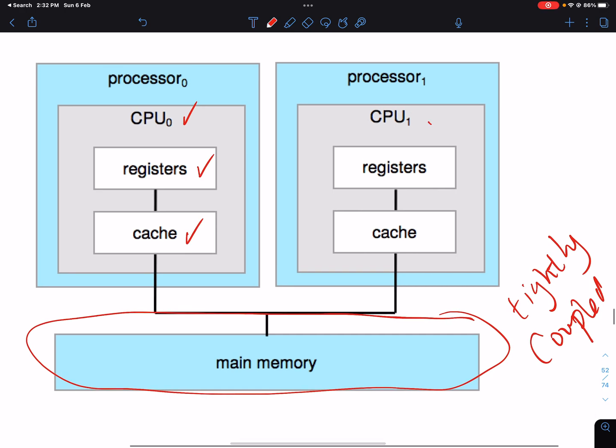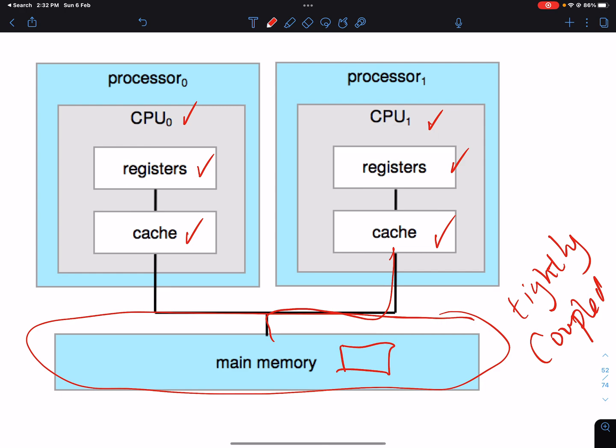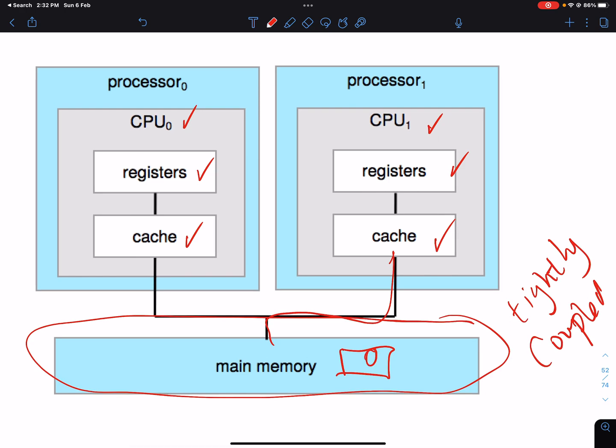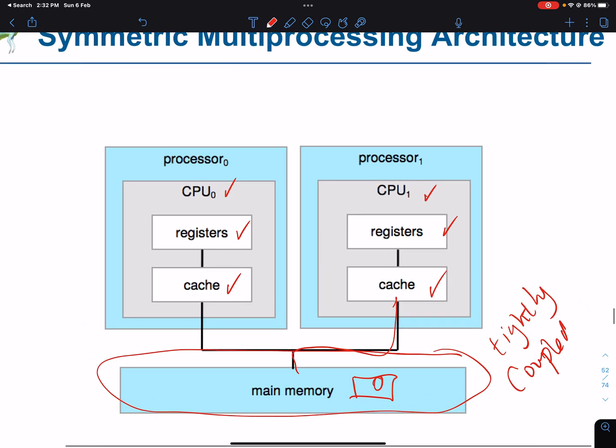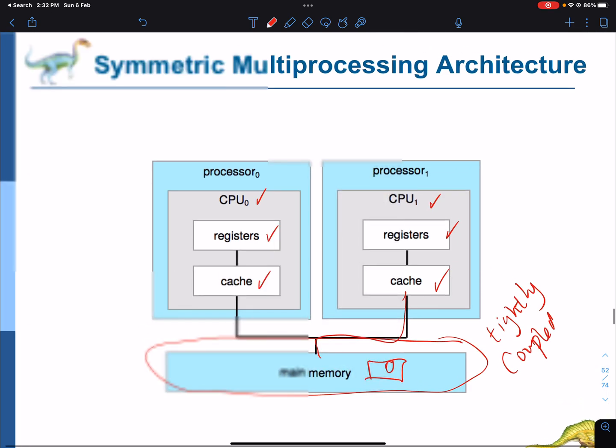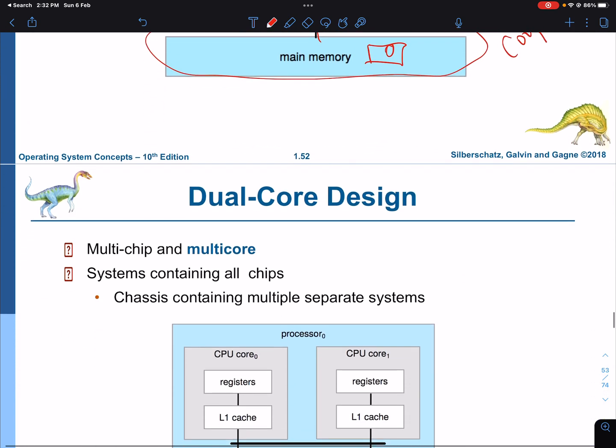Processor 1 has CPU 1, registers and cache, and both of them are dealing with the same memory. So if processor 0 wants to talk to processor 1, it will write here, and then processor 1 will read it from here, and vice versa. Okay, so this is the symmetric multiprocessing architecture.